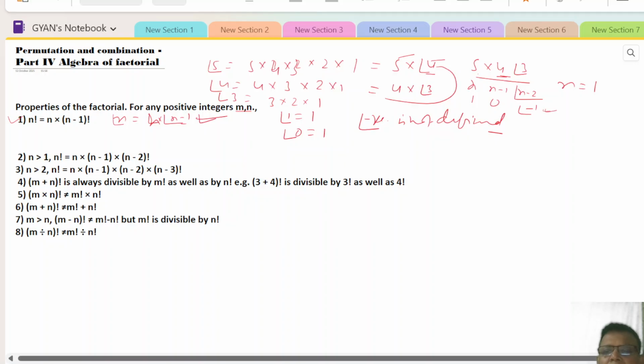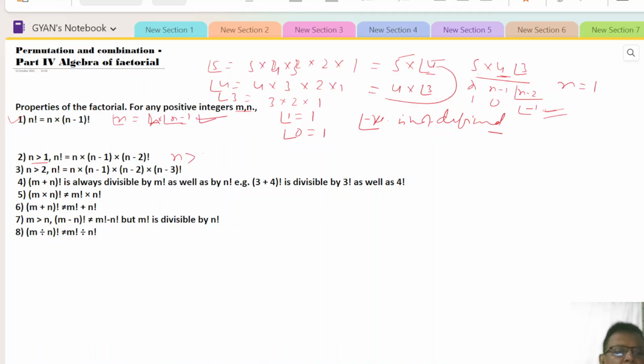So minus 1 is not defined, so n should be greater than 1. If n is greater than 1, then factorial n is equal to n into n minus 1 into factorial n minus 2. Similarly, if n is greater than 2, then factorial n is equal to n into n minus 1 into n minus 2 into factorial n minus 3.